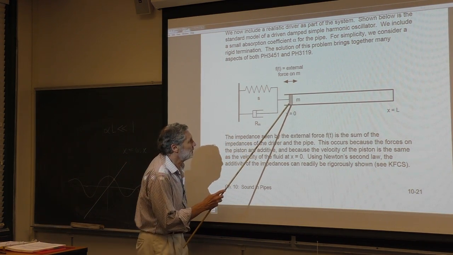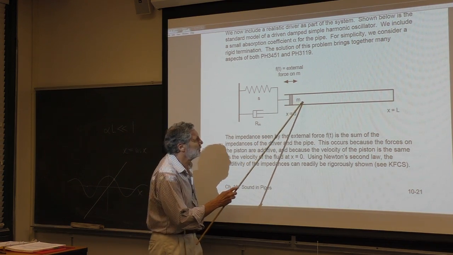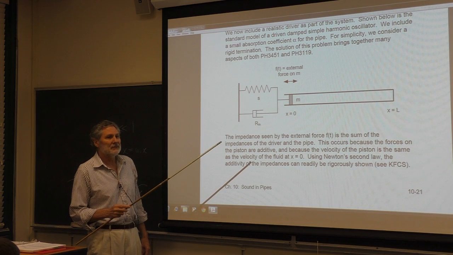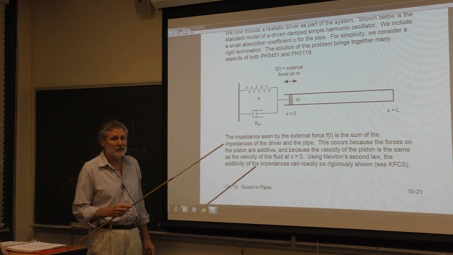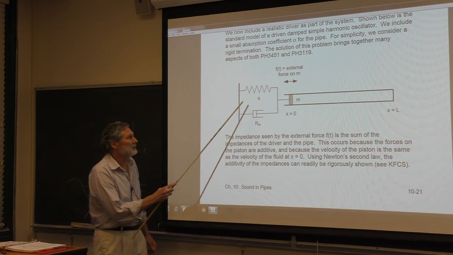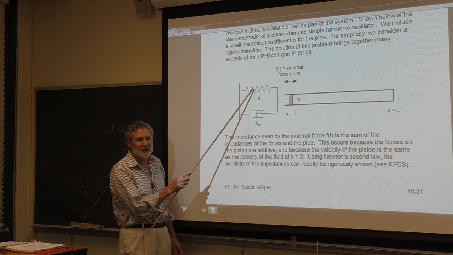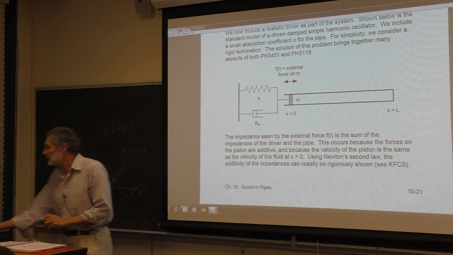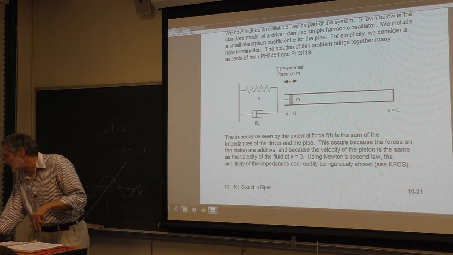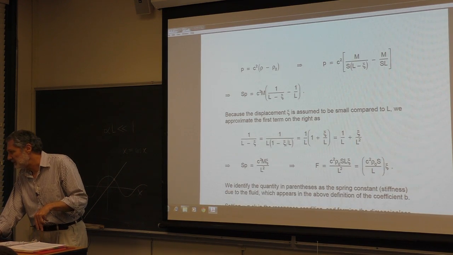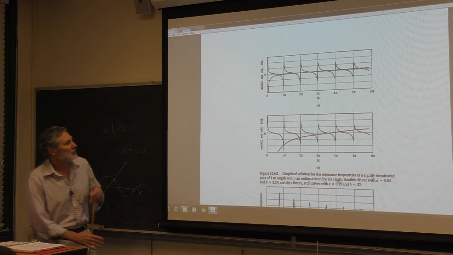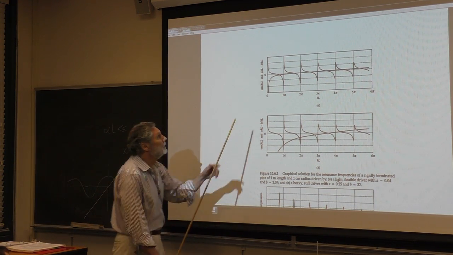So a light driver means that mass is in some sense small compared to the fluid mass in here. A light flexible driver. What does flexible mean? It means that the stiffness is not large in some sense compared to the stiffness in the fluid. So that's the first case here, just to get a feeling for what's going on. We'll look at these graphs later on.